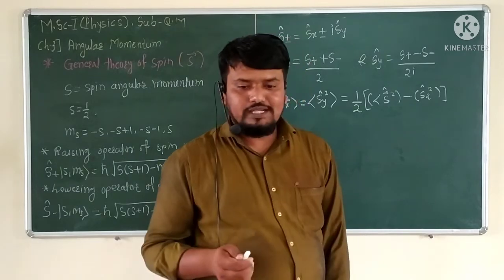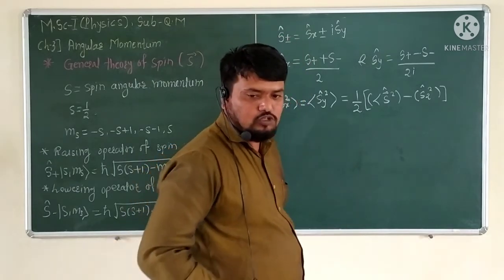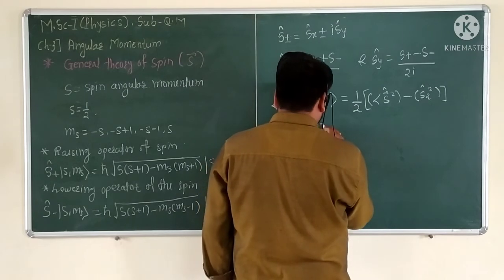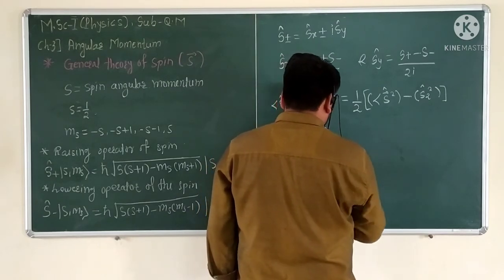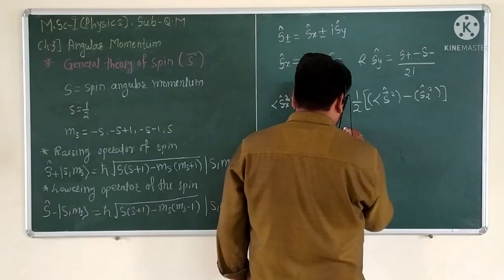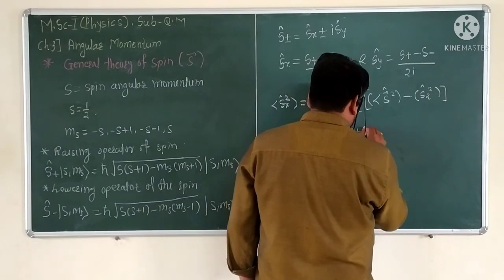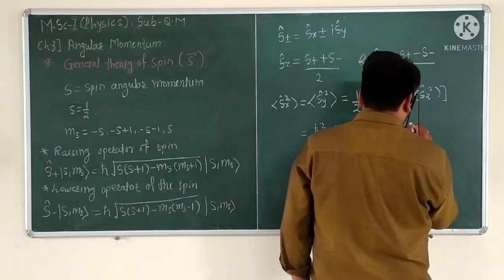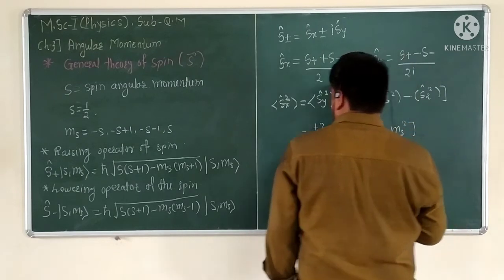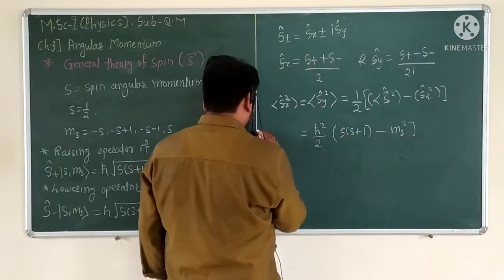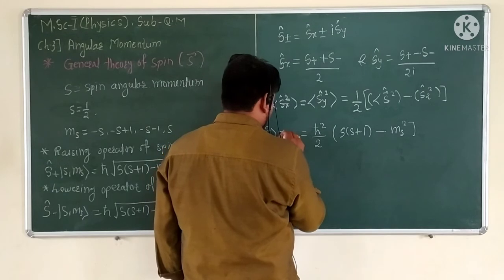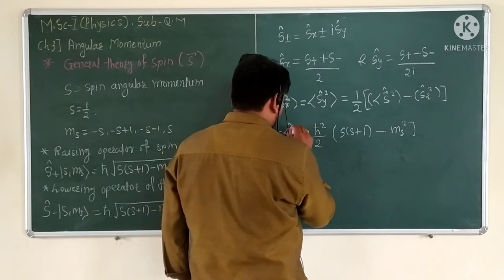So directly we get the expression, h cross square by 2, times s into s plus 1 minus ms square. And this is the eigenvalue of Sx square and Sy square.